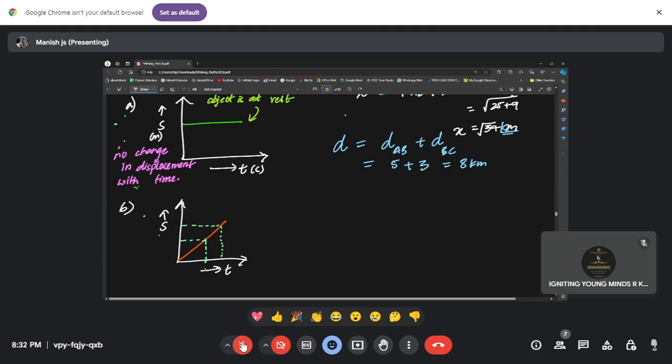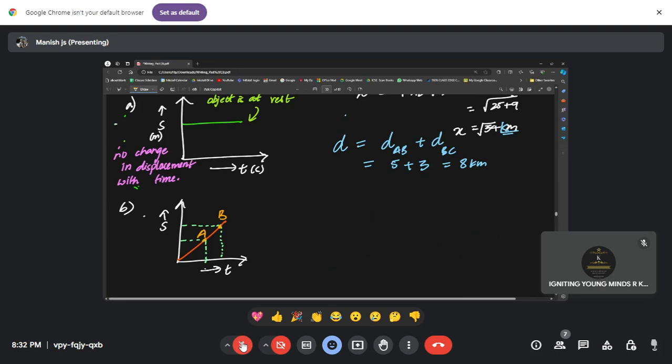Now here I would like to mention an important aspect. It is the slope of the graph. Okay, so I'm going to introduce the concept of slope. What is slope, and how do you calculate the slope, all that. So let me take these 2 points as A and B. Now what do I mean by slope of the graph?